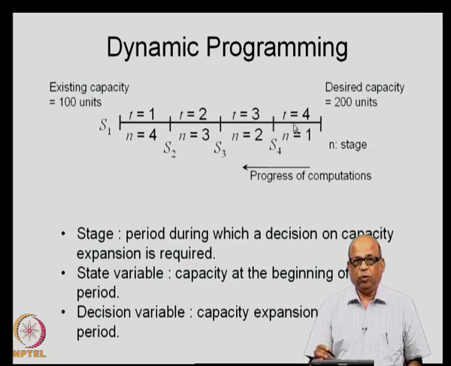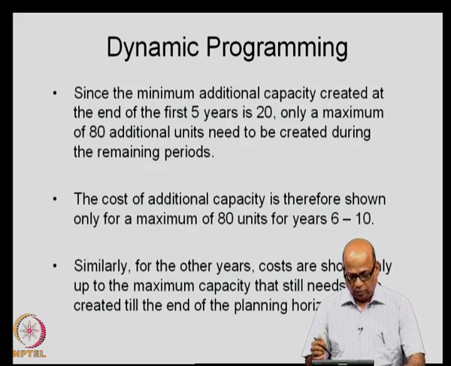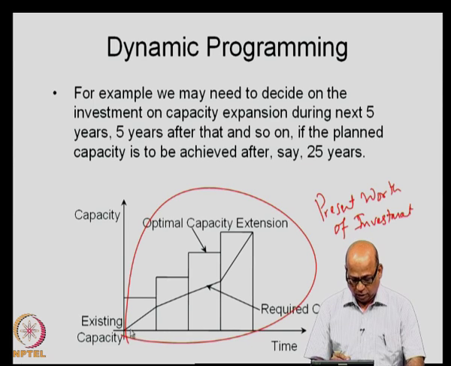This is t is equal to 4, which means you have a 20-year horizon, and each of these time horizons that I showed constitutes a stage here. So, this is stage number 4, stage number 3, stage number 2, stage number 1. T is equal to 1, t is equal to 2 and so on. If you are proceeding in the backward direction, it will be n is equal to 1, stage 1, stage 2, stage 3 and so on.